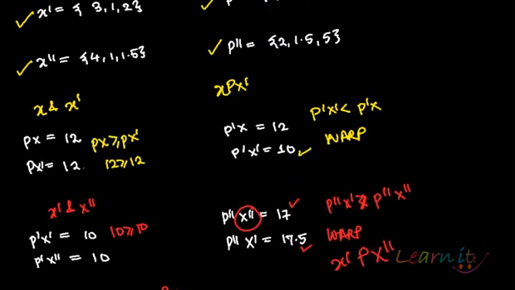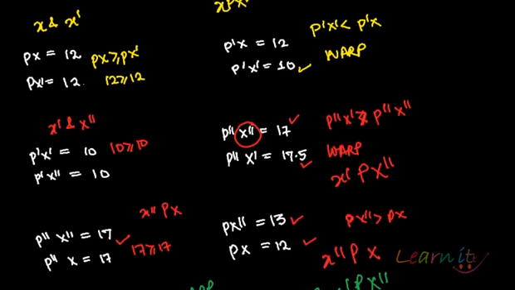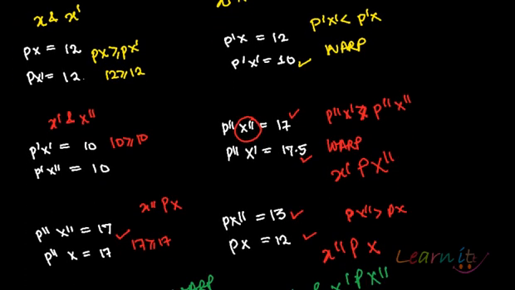So in case you get a question like this, you will have to find whether WARP is satisfied between the first two bundles, and then it should not be the case that the third bundle is revealed preferred over the first bundle. That is what SARP is trying to say. Okay.